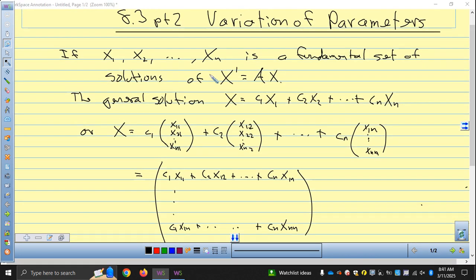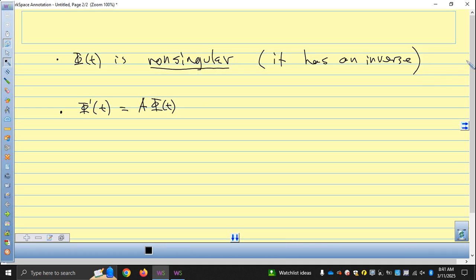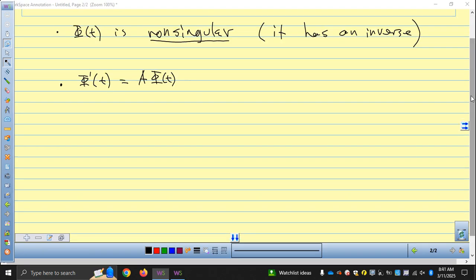So we get the derivatives, well, that equals A times the solutions themselves. All right. So that's our setup for variation of parameters. We need that phi of t matrix. So here's our method.